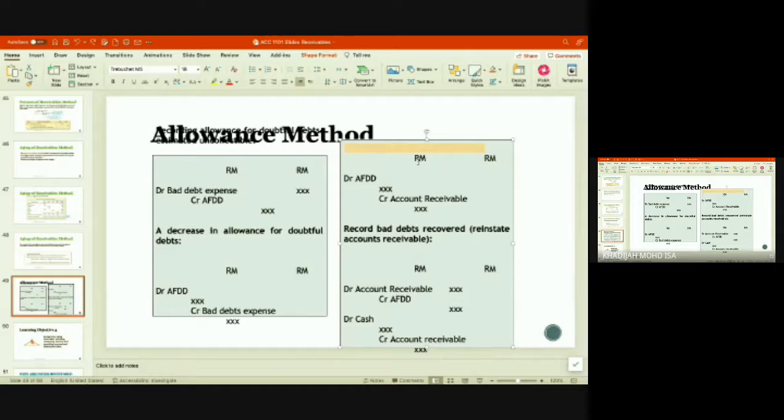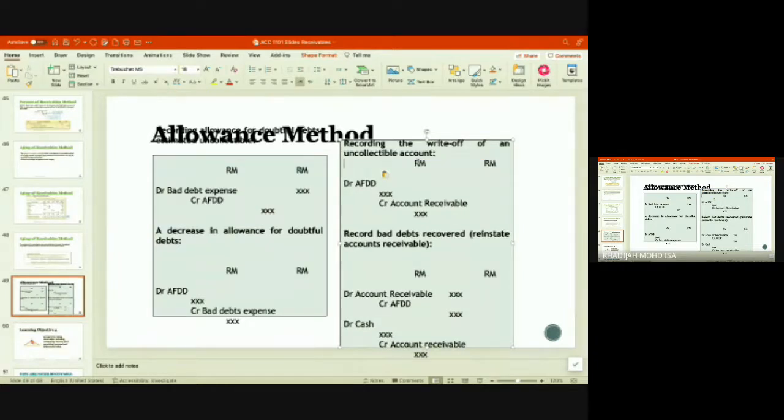Where do I put? Alright, the write-off, and this one should be, where is it? It's 3 o'clock. What is this? What is happening? I'll move this away. Okay. Satu kali.